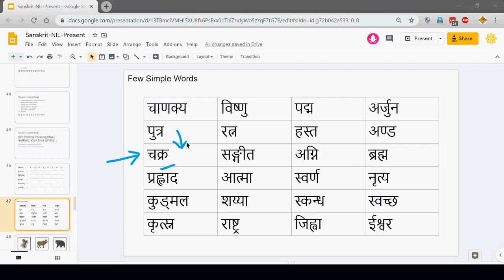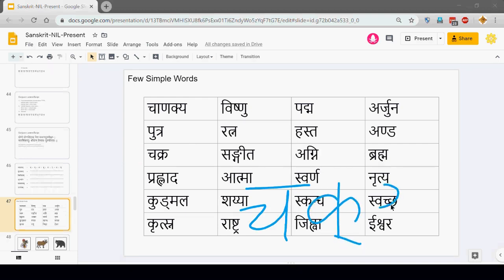Then the bottom one is the full pronunciation with the vowel. So it is cha and then ka and ra. Ka is a consonant, no vowel, and then the following is the ra here. Chakra is wheel. Okay, next one.